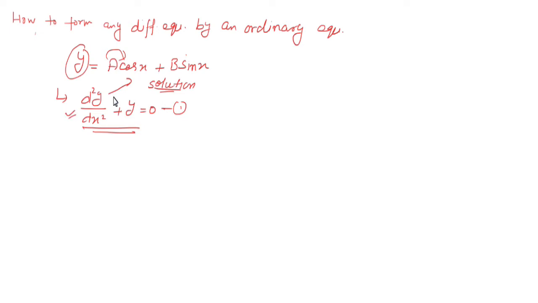Now if you double differentiate y and put the value of this double differentiation and the function value y, you will get answer 0. This means you have to find out a function y of x which is satisfying this equation. So this is called solution of that differential equation.